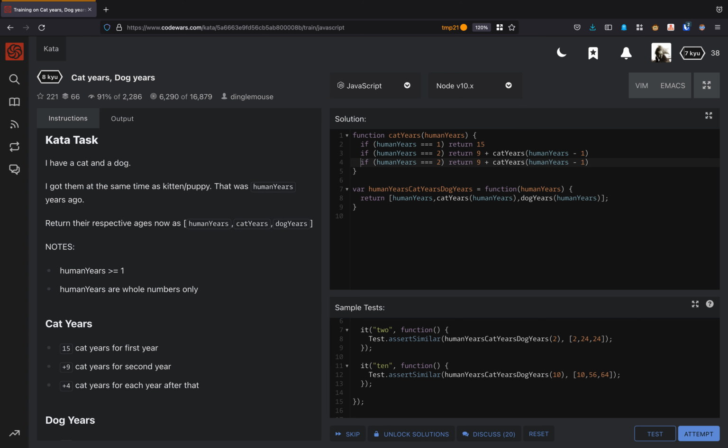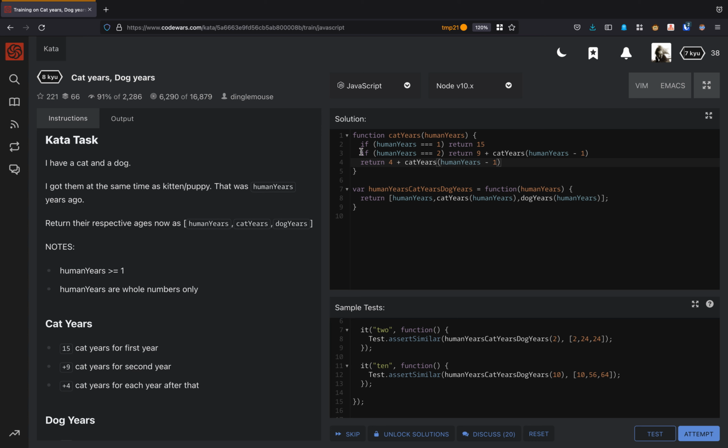So we are decrementing. Otherwise, if it's not 1 or 2, we will return 4 plus cat years of human years minus 1. So let's say we have 10 as the human years first, then it will return 4 plus cat years of 9.